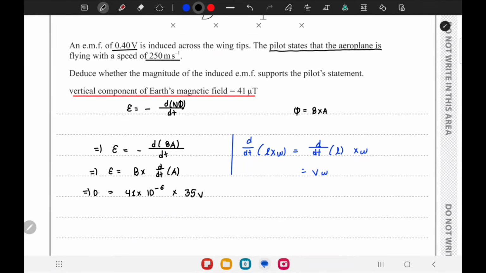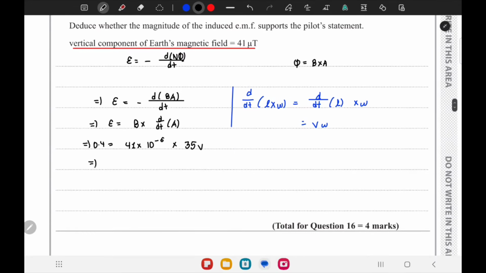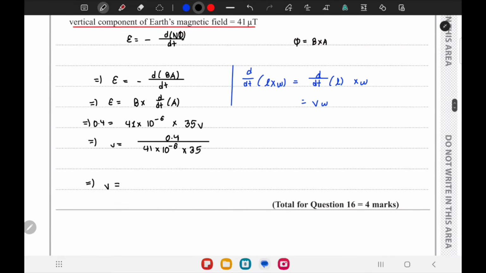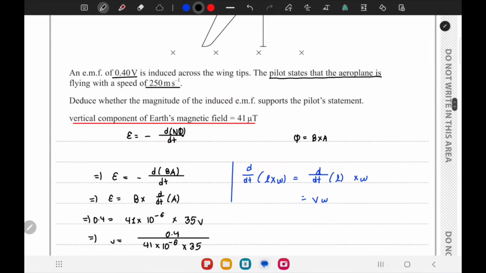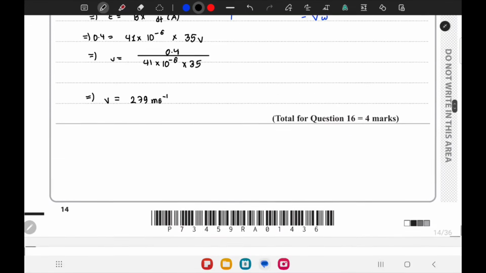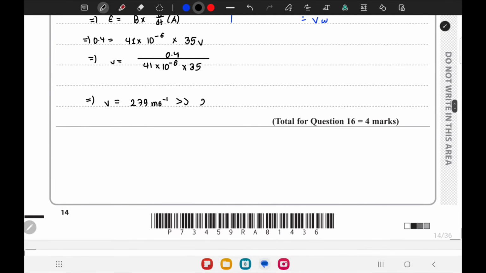We have an EMF of 0.4 volts, so we can place that here as well. Now we can calculate the value of v: 0.4 divided by 41 × 10^-6 times 35. The value of v comes out to be 279 meters per second. The pilot's estimate was 250 meters per second. This is much greater than that, so the pilot's statement is not supported.